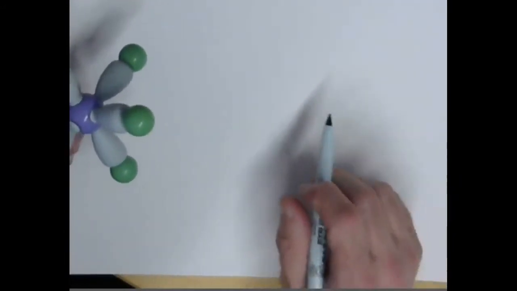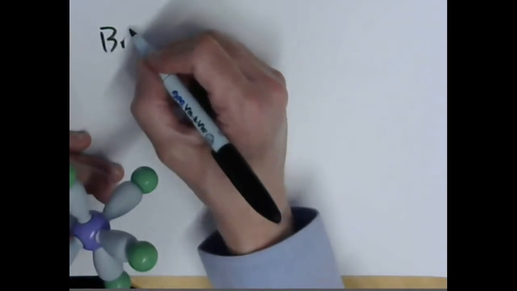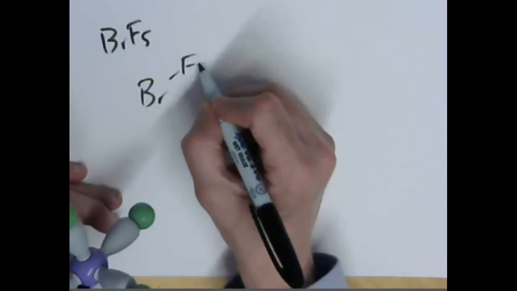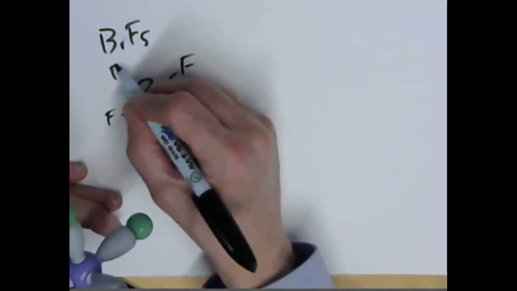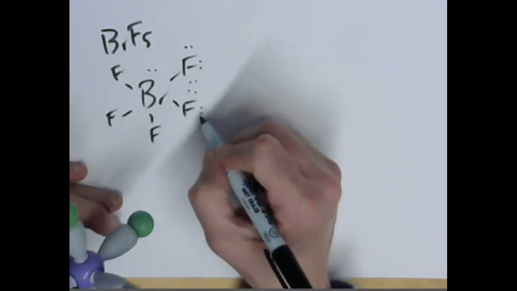There's another way we can have an octahedron, and that would be for a molecule like BrF5. Bromine with 5 fluorines and a non-bonding pair of electrons.